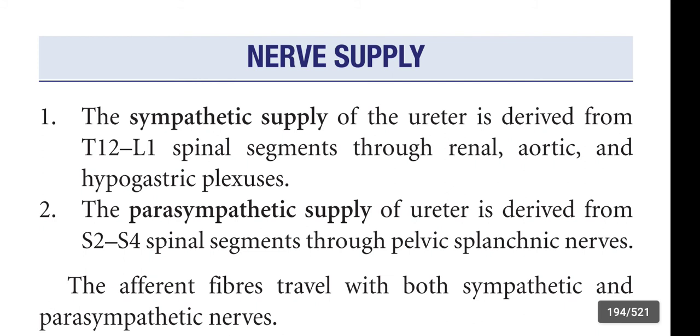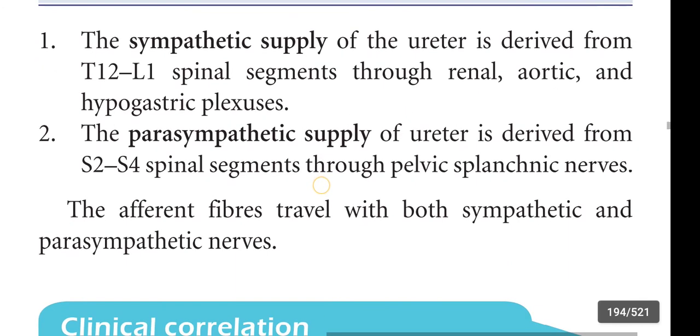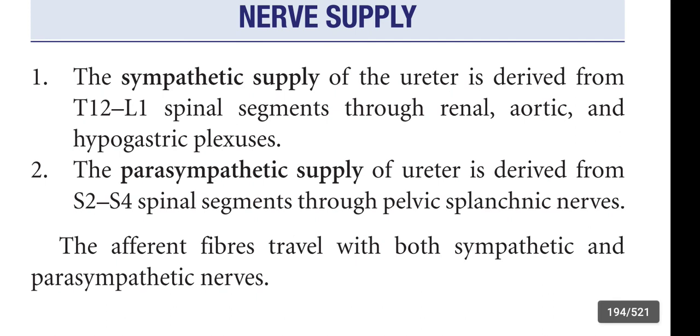The parasympathetic supply of the ureter is derived from S2 to S4 spinal segments through pelvic splanchnic nerves. The afferent fibers travel with both sympathetic and parasympathetic nerves.